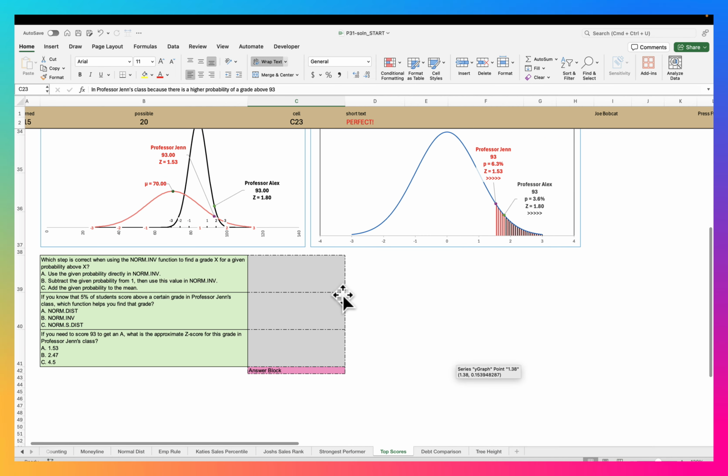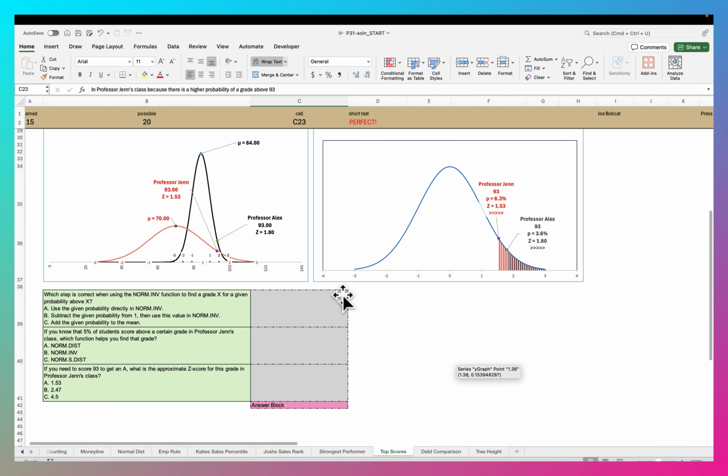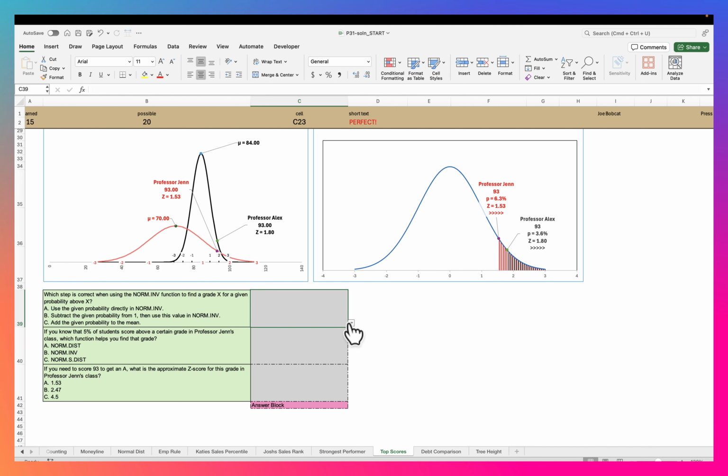All right, now we have some multiple choice questions. Which step is correct when using norm.inv to find a grade x for a given probability above x? So this is if we were going to work backwards, right? Which is different than we did in this problem. But since it's above, we have to do the whole 1 minus. So subtract the probability from 1 and then use this in norm.inv.